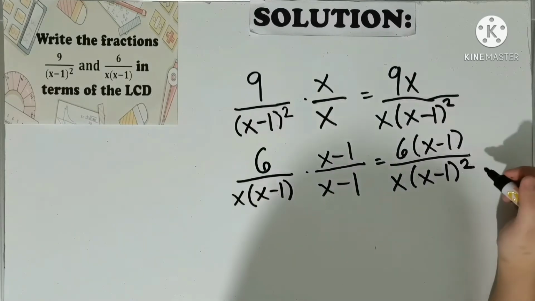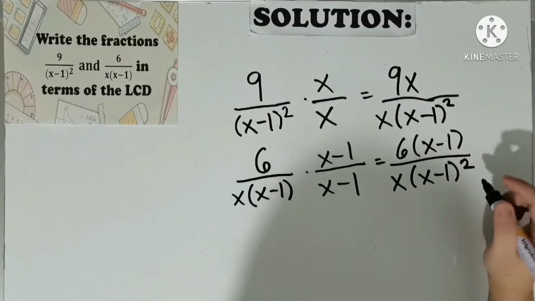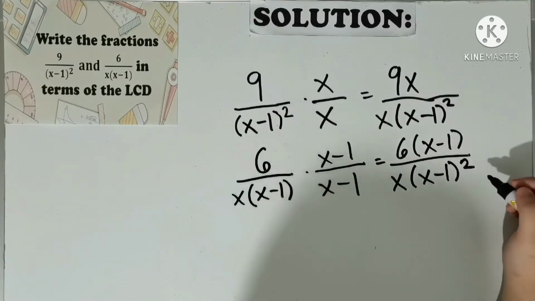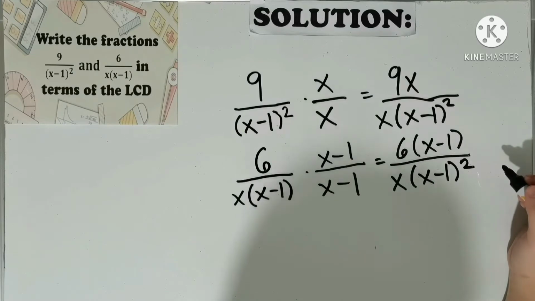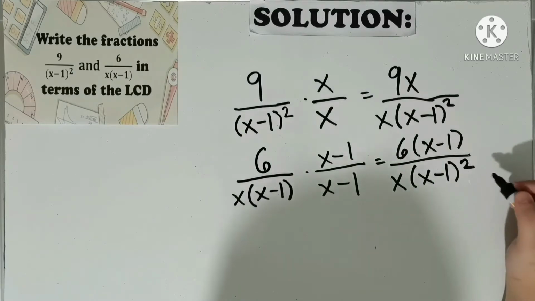And now, 9x over x multiplied by the quantity x minus 1 squared and 6 multiplied by the quantity x minus 1 over x multiplied by the quantity x minus 1 squared now have the same denominators.